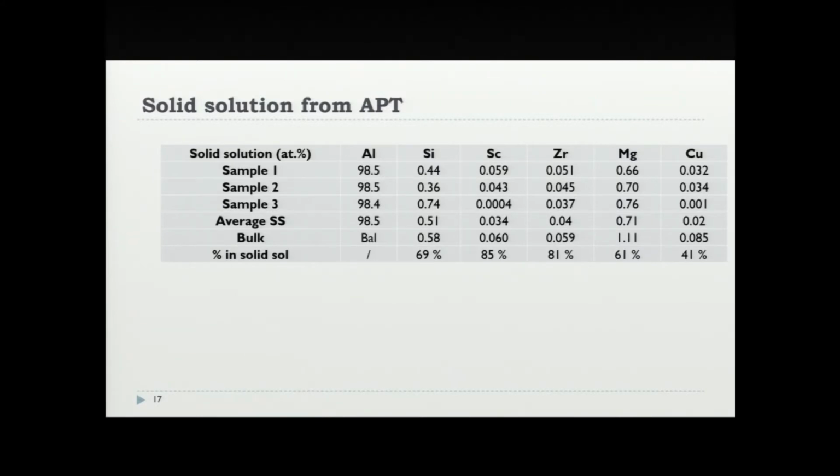Now if we remove all the precipitates from our 3 atom probe tomography samples and look at solid solution, you can see solid solution for the different samples here, and that's the average solid solution reported and the bulk composition of the alloys. You can see, for example, that the scandium in solid solution in the interdendritic region, the last part of the samples to solidify, there's actually no scandium left in solid solution. So in these areas, which were also rich in magnesium and silicon, all the dispersoids formed.